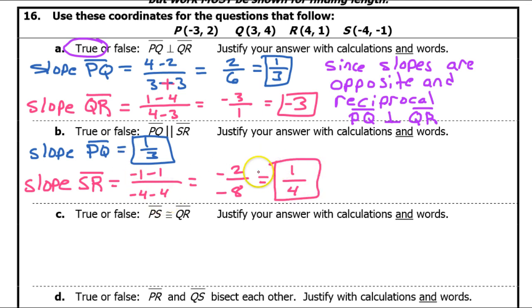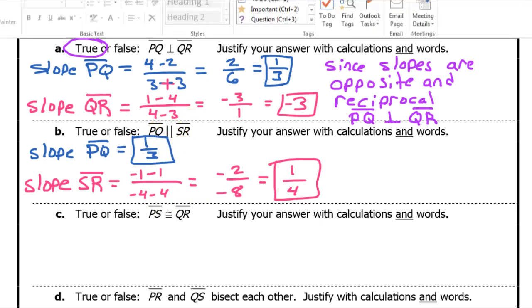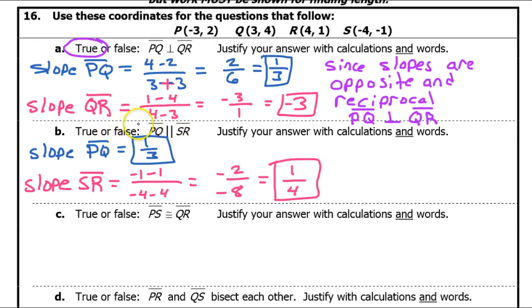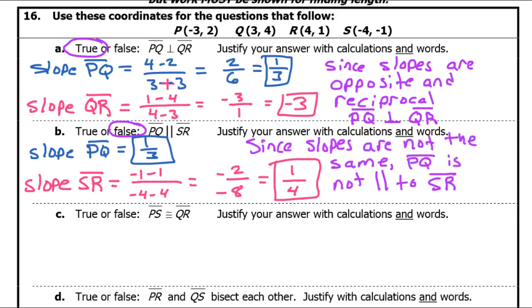Since these are not the same, then that means that these are not parallel. So this is going to be false, but now it's time for my summary statement. So I can say since slopes are not the same, segment PQ is not parallel to segment SR.